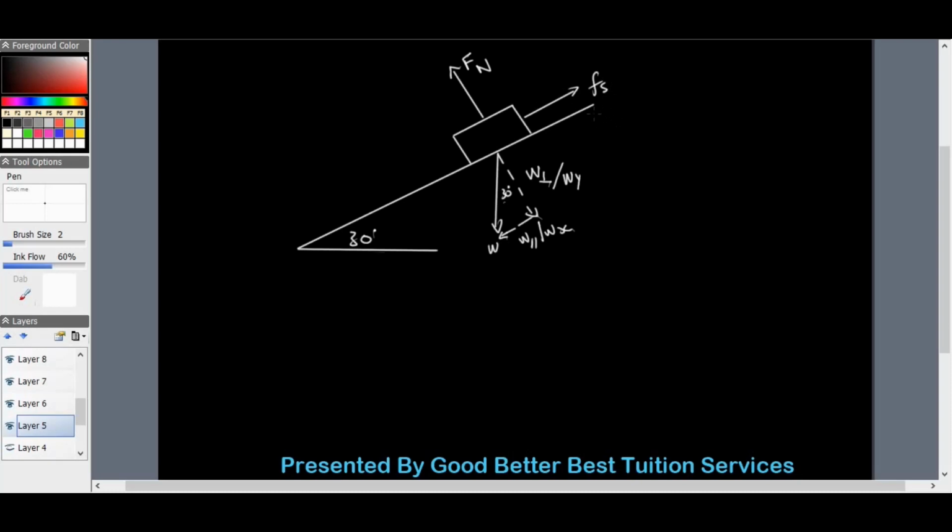And yes, we're not told that there is an applied force, so we don't need to worry about that. We are 100% correct. So you'd get a mark for showing the normal force, and also a mark for showing Wx and Wy, and that was for 6 marks.